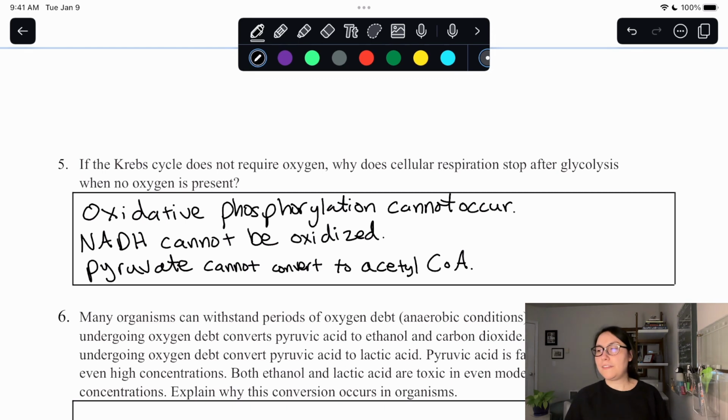So this is why it's very, very important to have oxygen, because even though the Krebs cycle doesn't require it, everything else does. No oxidative phosphorylation, NADH cannot be oxidized, and as we just described, NADH is in a lot of this. And the last thing is pyruvate cannot convert to that acetyl coenzyme A, which is essential for the entire Krebs cycle.